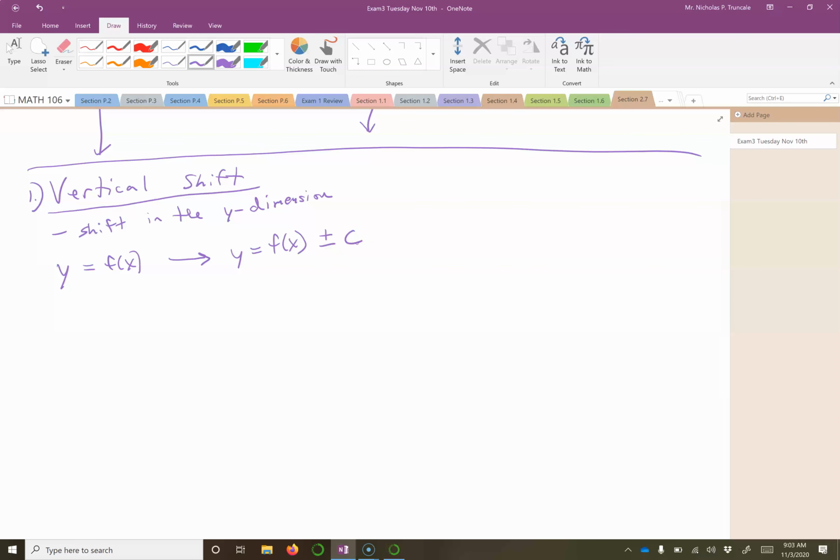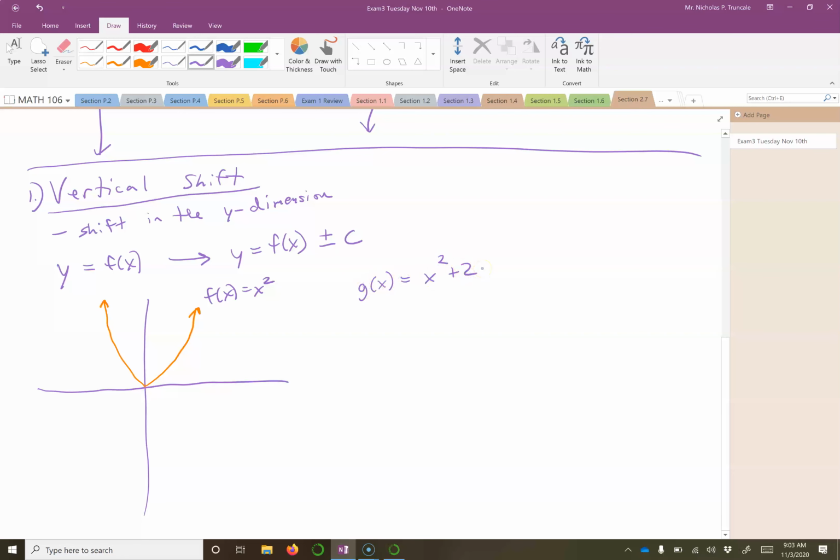So let's use a parabola to demonstrate this. So again, here's our starting function, f of x equals x squared. All right, I'll have it in orange. And you're drawing it the best you can. Okay, so now my goal is I want to look at g of x, which is x squared plus 2.